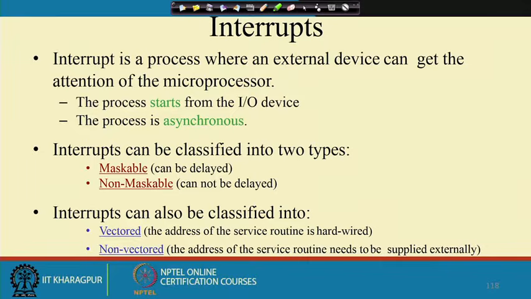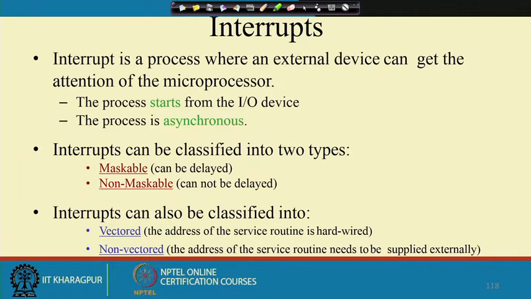So, it is a maskable interrupt; we can do it later, it can be delayed. And somebody pressing the doorbell, maybe we need to attend it immediately. So, that is non-maskable.